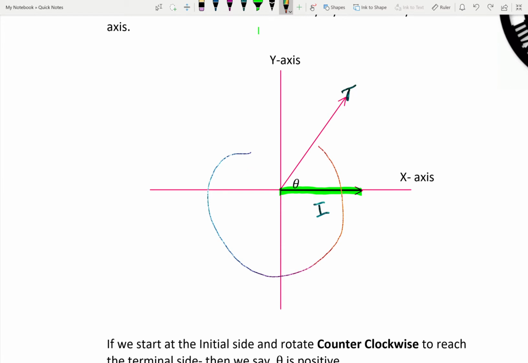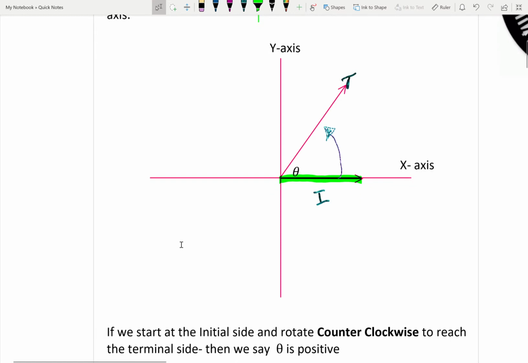So if my terminal side starts rotating counterclockwise, meaning the opposite direction of a clock, this way, we say that theta is a positive angle. If it's rotating the opposite direction that a clock would, then we say that this angle measure theta has a positive value.